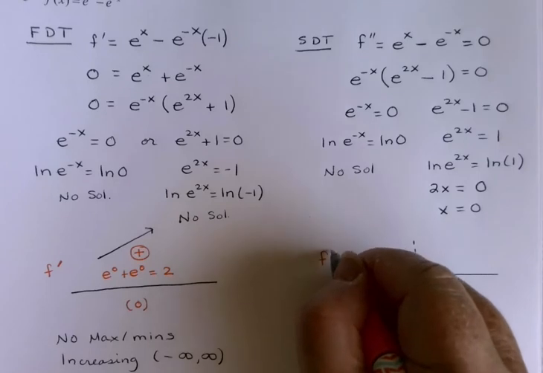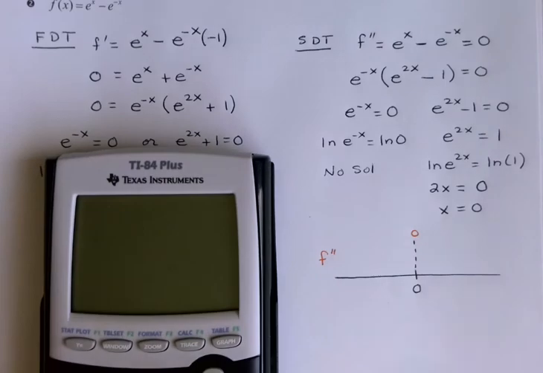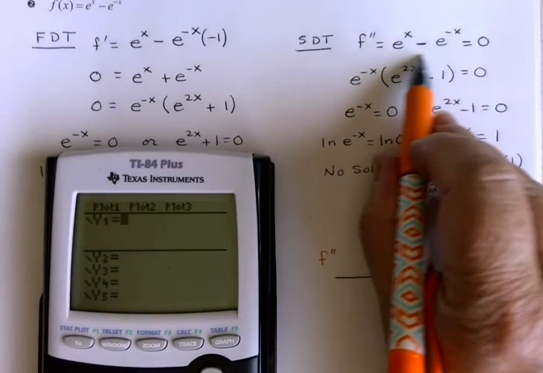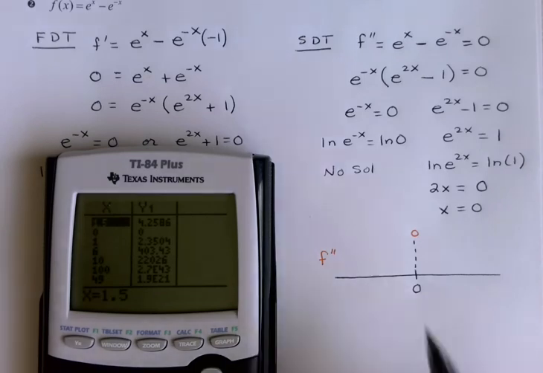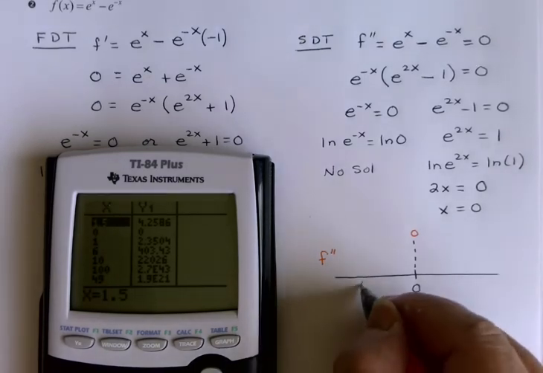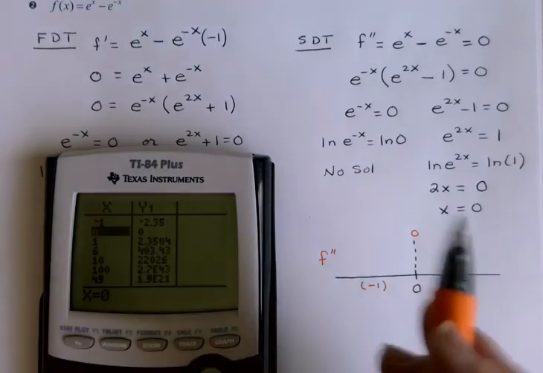Our second derivative is 0 here. And I'm going to go ahead and put that second derivative in my calculator. It was e to the x minus e to the minus x. And I'm going to pick a number less than 0, maybe negative 1 for my first test value, and I get a negative second derivative.